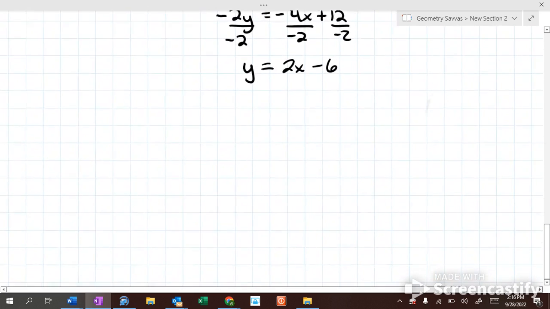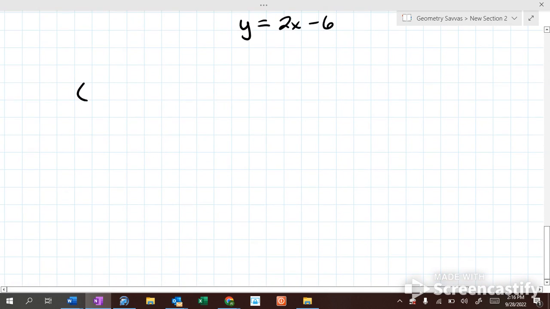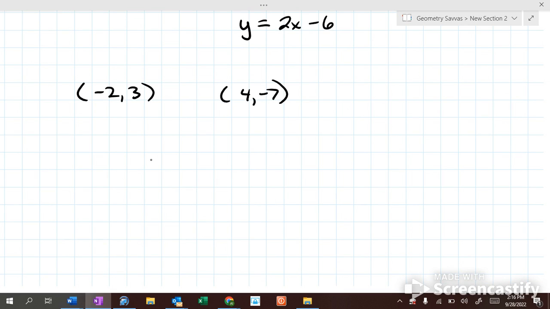Now, what if I have 2 points like negative 2, 3, and 4, negative 7? What's the y equals mx plus b equation for the line that goes through those 2 points? I need to find an equation that goes through those 2 points.